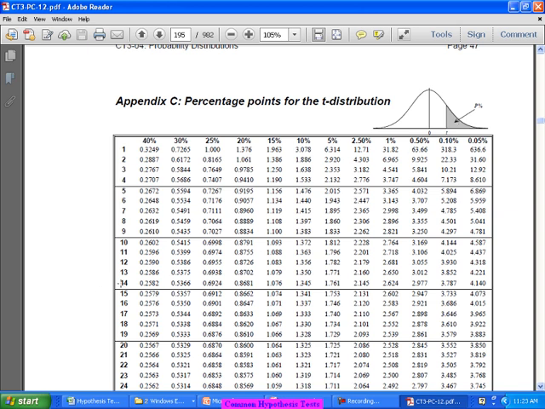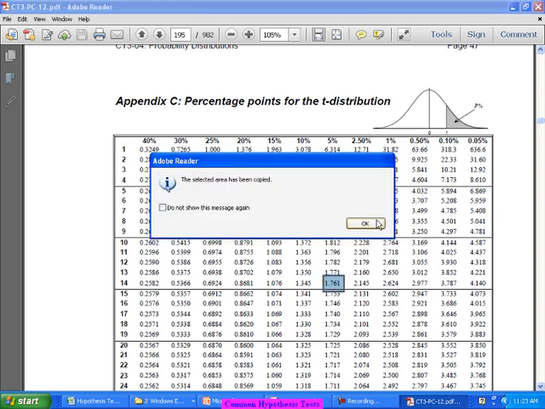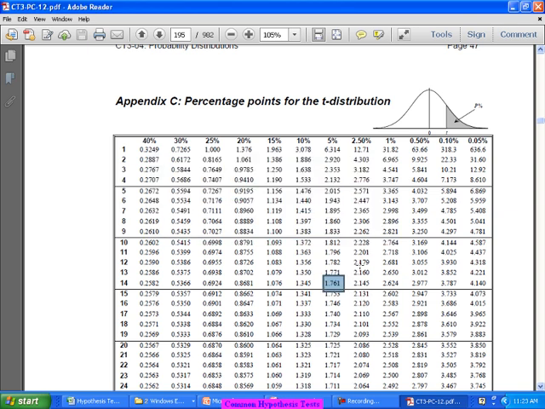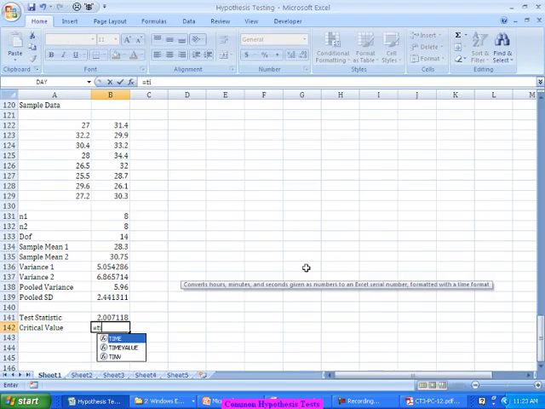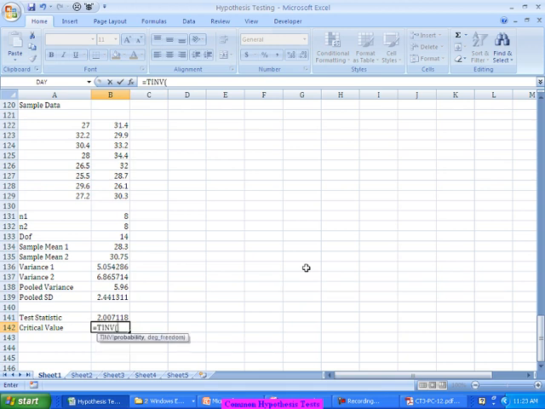So corresponding to 14 and 5% in the tail, the value comes out to 1.761. So the critical value for us is 1.761. Even if I use this, because I need a one-tail test, I take the probability as 10%.